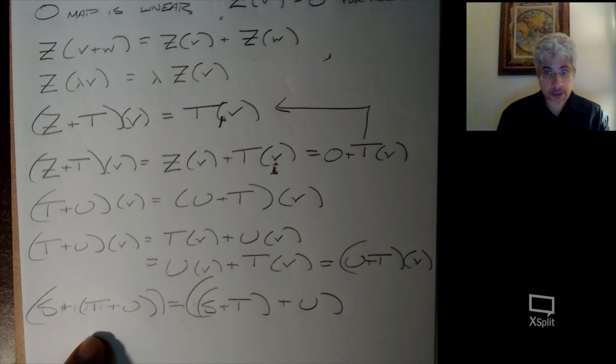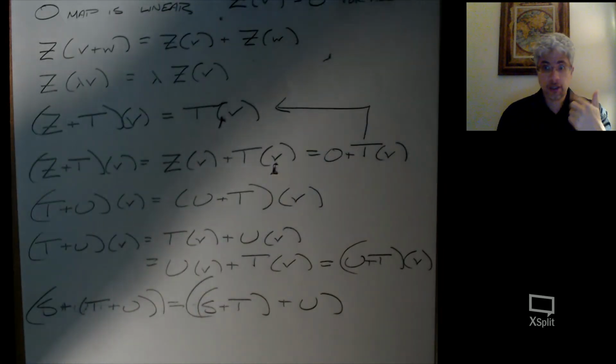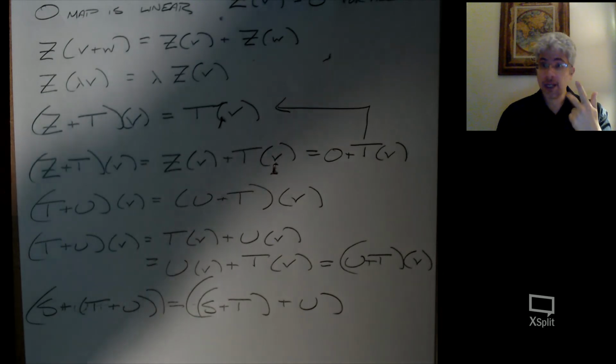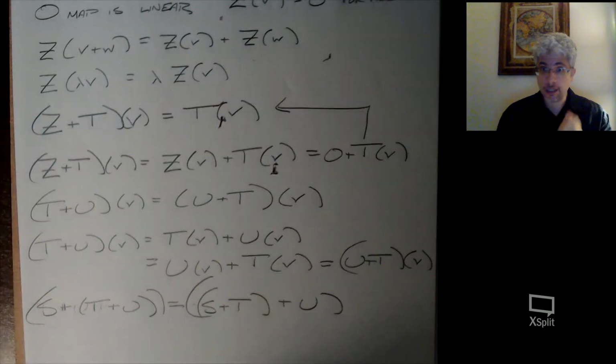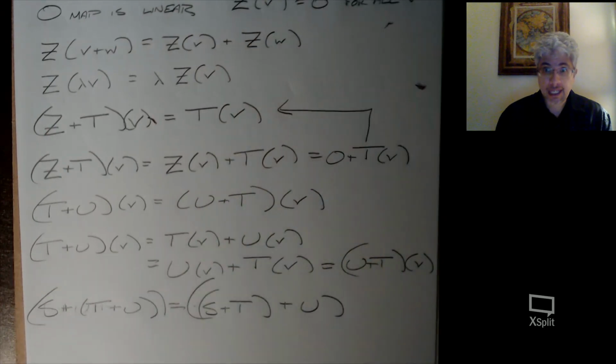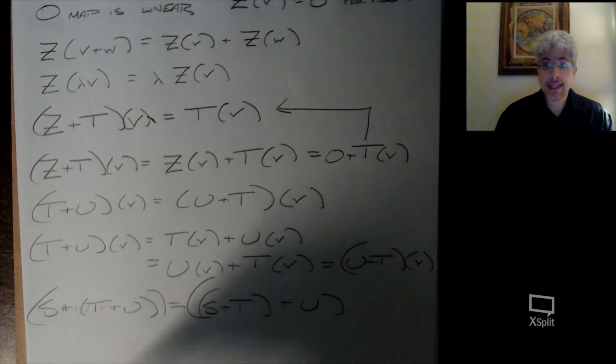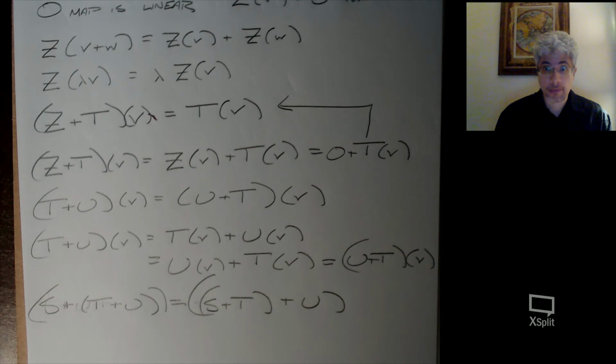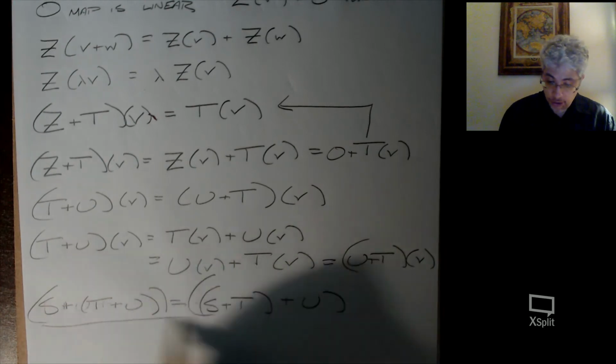But what else would need to be shown? Well, we have associativity, we have commutativity, we have an identity. What do we need? We need inverses. So for any map T, I want a new map that takes me back to the 0 map. So how would I do that?